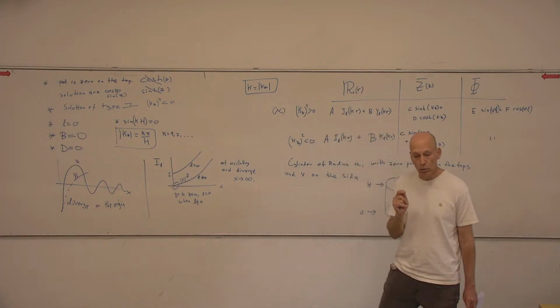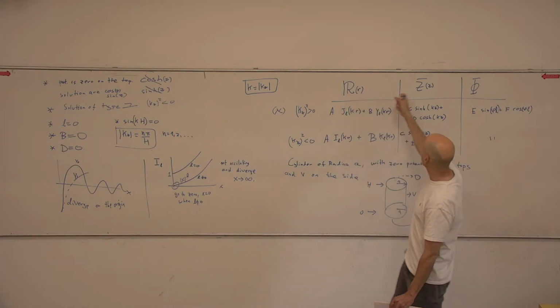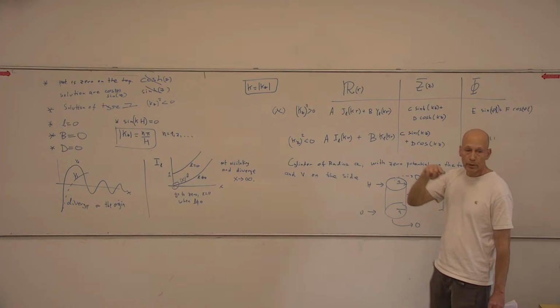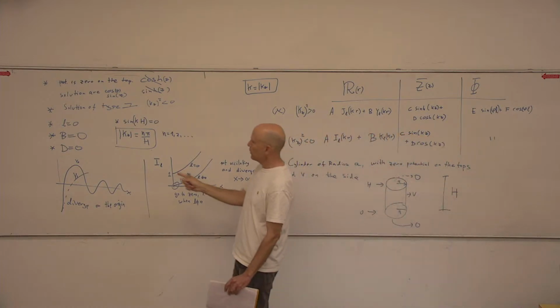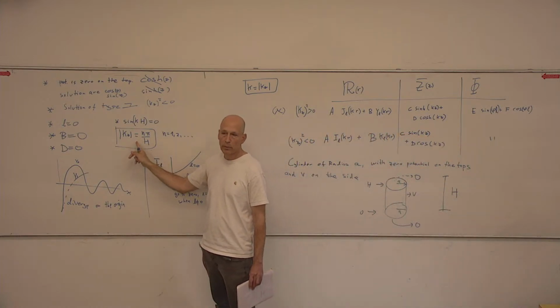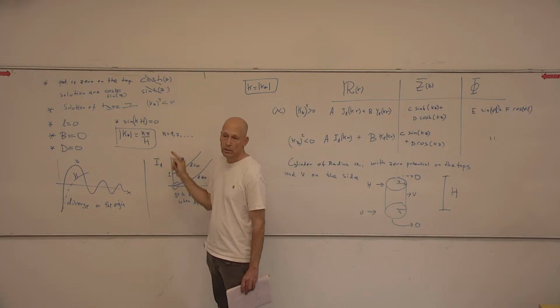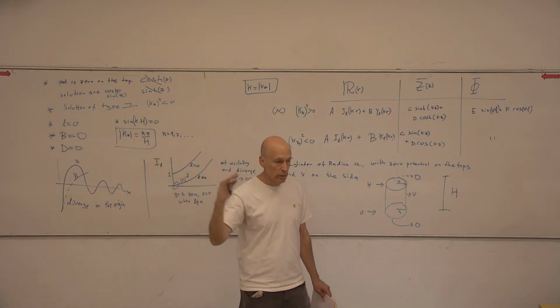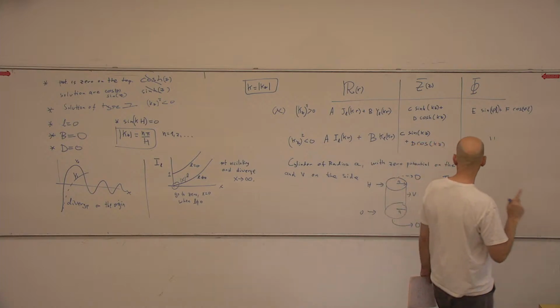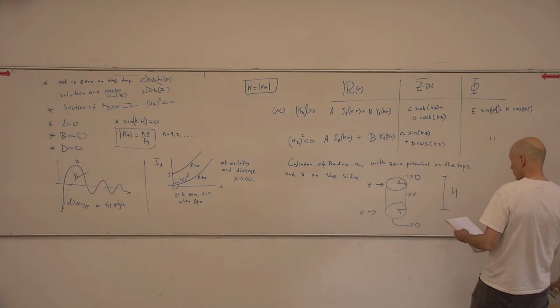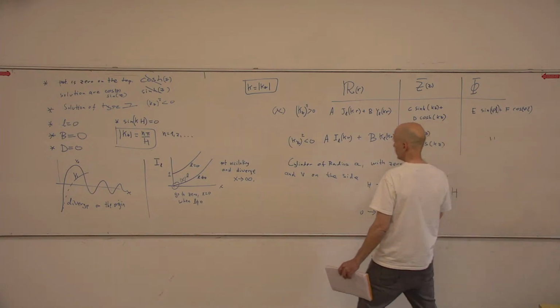Now remember, the solution is not r times z times phi, it's an infinite sum. And the infinite sum comes as usual from this kz, because I can sum over different n's. I'll have an infinite series, of course. So I didn't solve the problem yet. But up till now, what did I find?